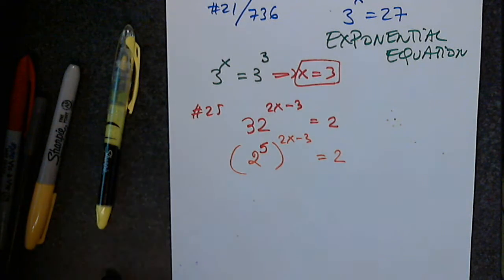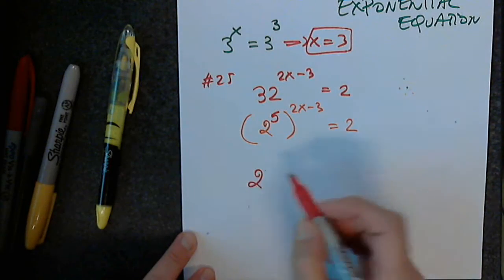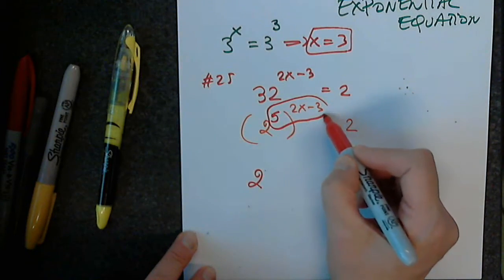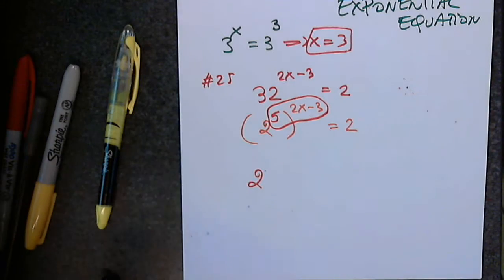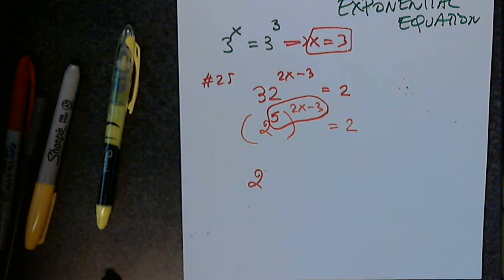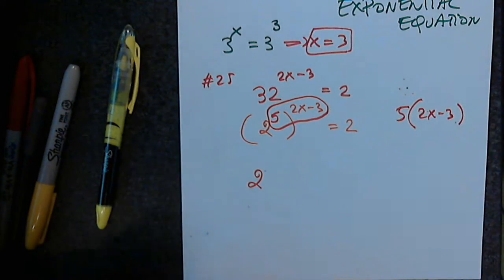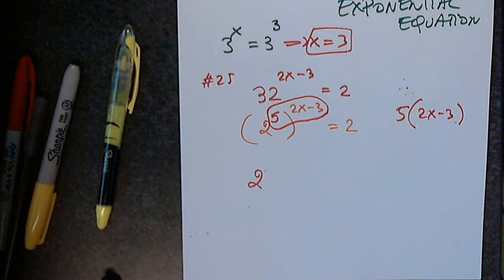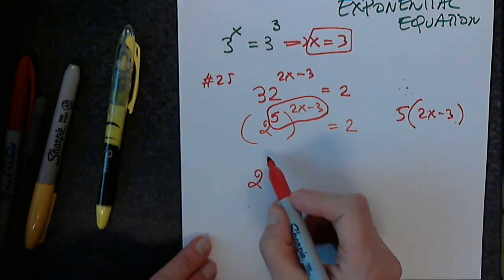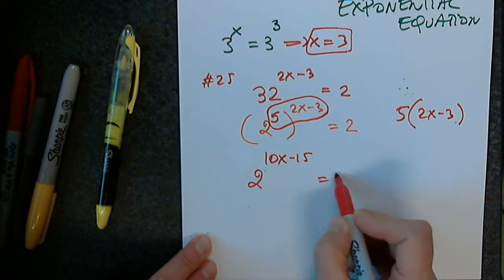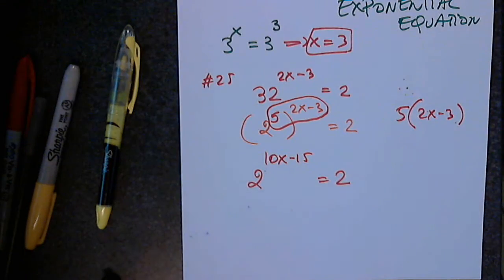Now for the left-hand side, I copy the base. What happens to these exponents? Multiply. So please multiply, but you have to distribute. So the product will be 5, quantity 2x minus 3. Please tell me what to write as the power of 2. 10x minus 15. Now I'm back to the previous situation.